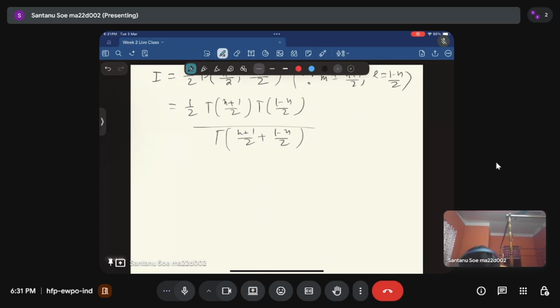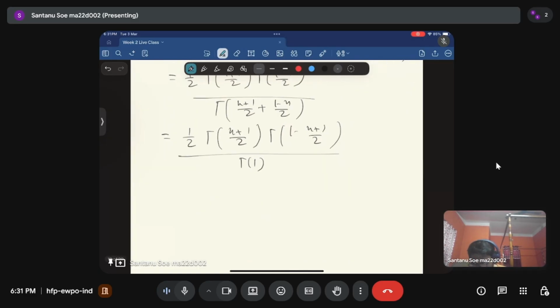Correct. So this is just 1 by 2 gamma of (n plus 1) by 2 and gamma of (1 minus n) by 2, divided by gamma of 1. Correct.